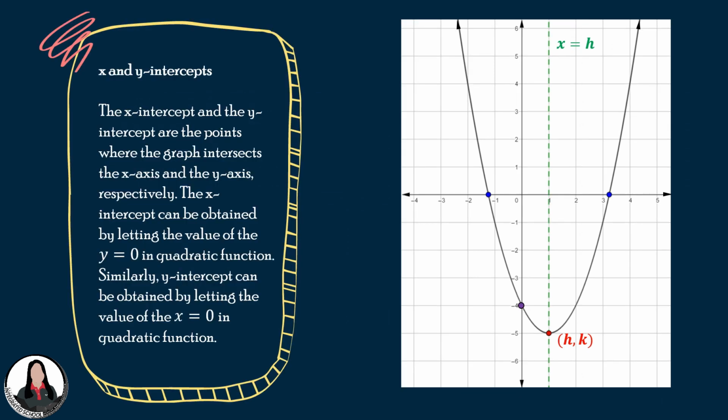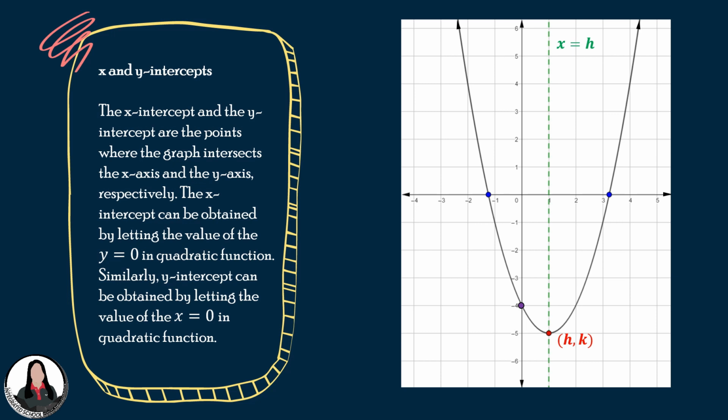Next is the x and y intercepts. The x-intercept and the y-intercept are the points where the graph intersects the x-axis and the y-axis respectively. The x-intercept can be obtained by letting the value of y equal 0 in the quadratic function. Similarly, the y-intercept can be obtained by letting the value of x be equal to 0 in the quadratic function. Okay?